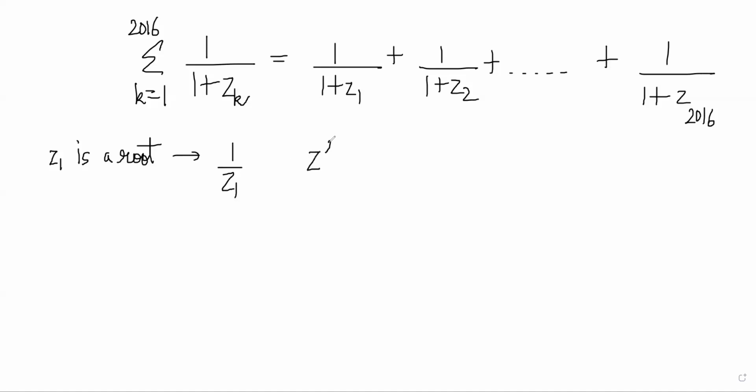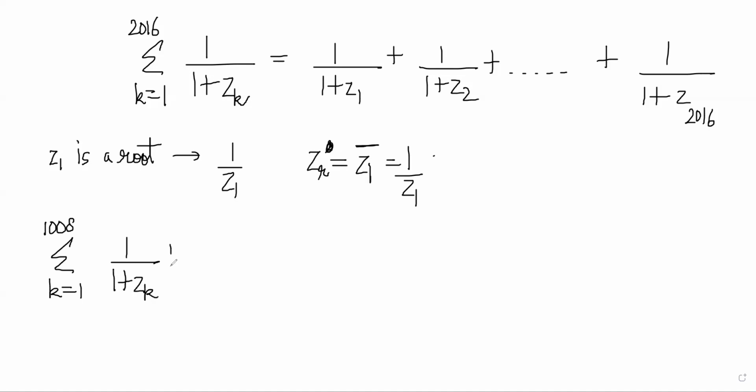So some root zr is basically z1 conjugate, or 1 by z1. And the roots come in pairs. So instead of having 2016 terms in this summation, what I can do is do it in 1008 pairs like this, each a pair of 1 by 1 plus zk plus 1 by 1 plus zk conjugate.